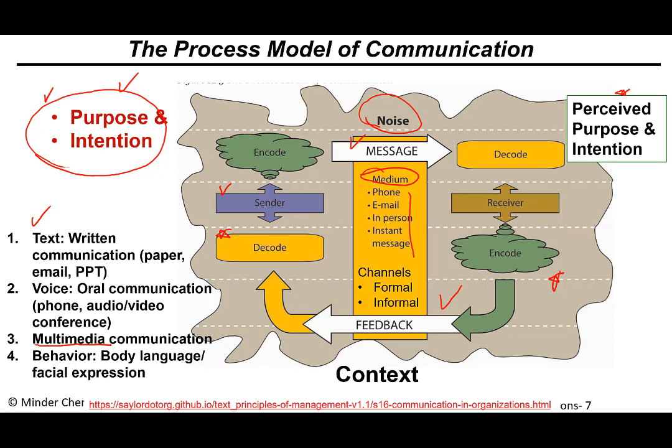Sometimes it's more heavy on the sender side to send a lot of messages, and the feedback can be short and brief, but sometimes they're equal partners in this communication process in terms of sharing information, engaging in meaningful dialogue. But still they follow this process model of communications.